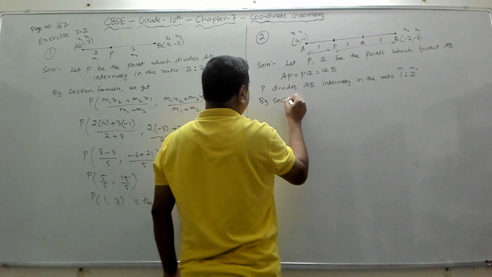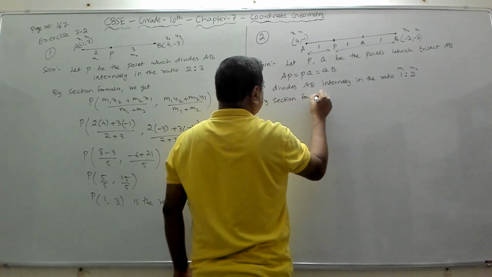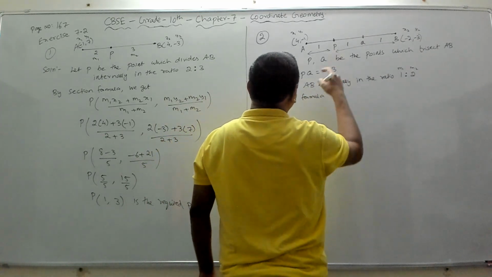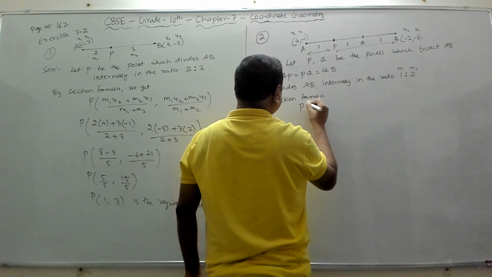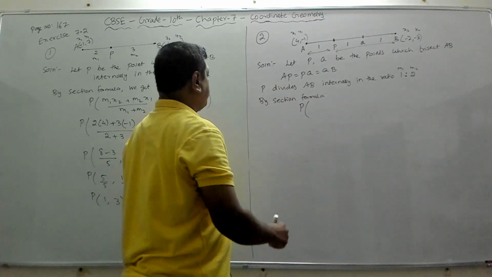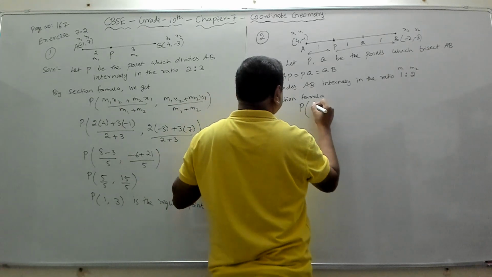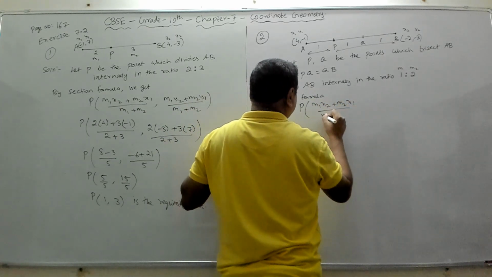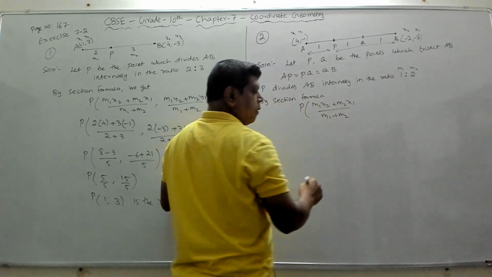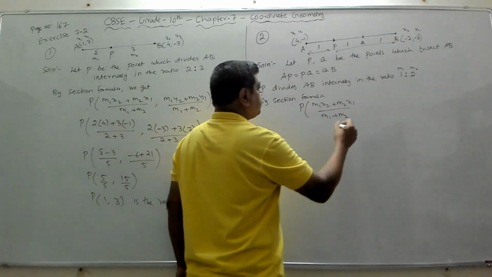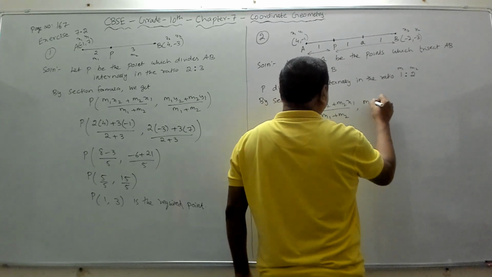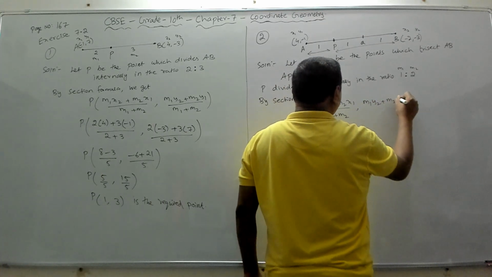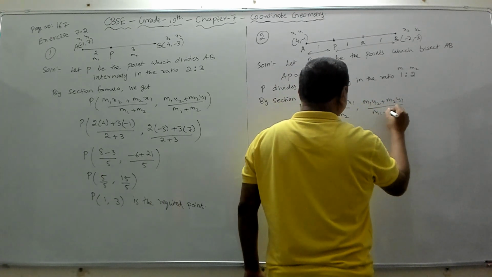By the section formula, the point P is M1x2 plus M2x1 by M1 plus M2, comma, M1y2 plus M2y1 by M1 plus M2.